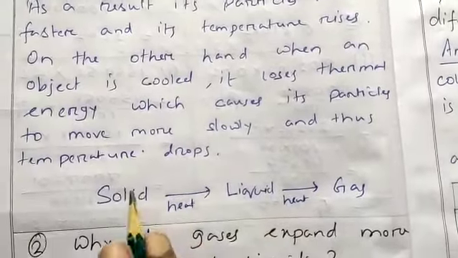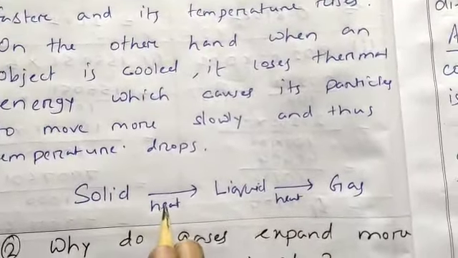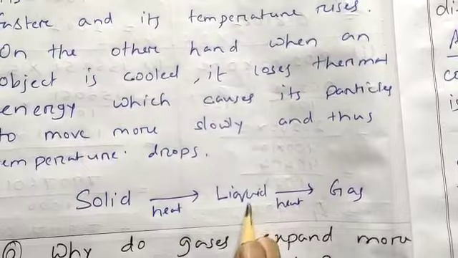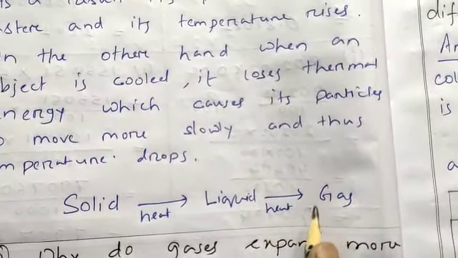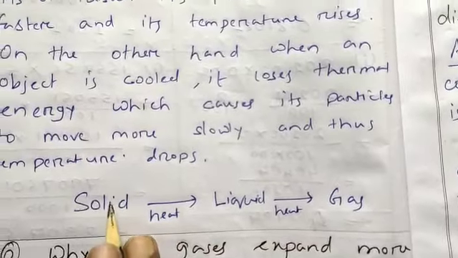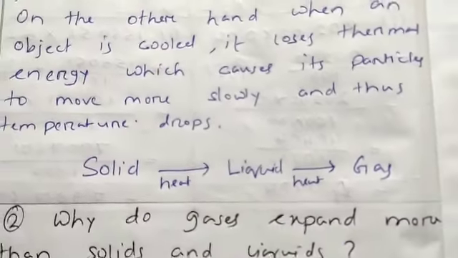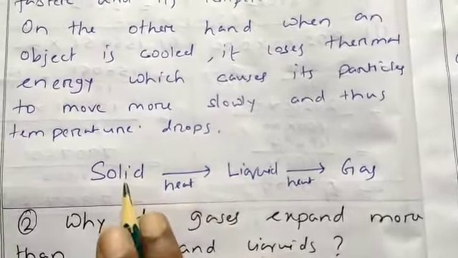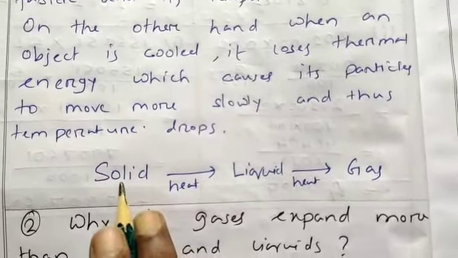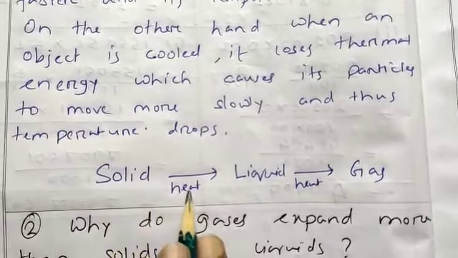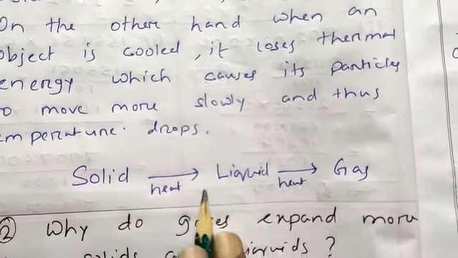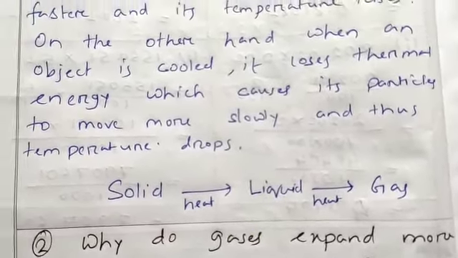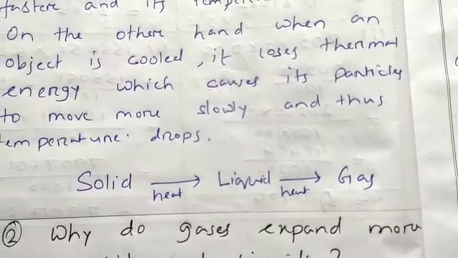So all of you know, I think, when a solid is heated, it transforms into liquid, and when liquid is heated, it goes to gas. Suppose a piece of ice is in the form of solid. Whenever you give heat to that piece of ice, it converts into water, which is in the form of liquid.